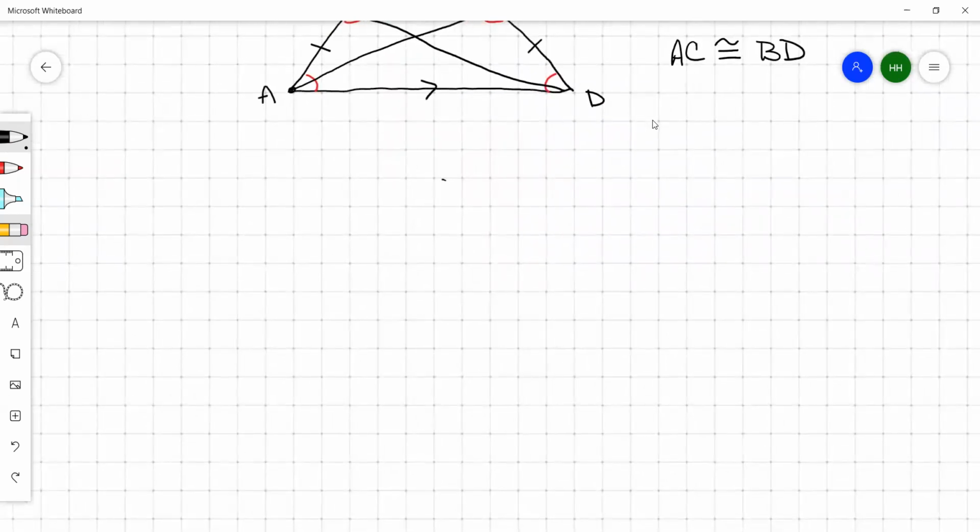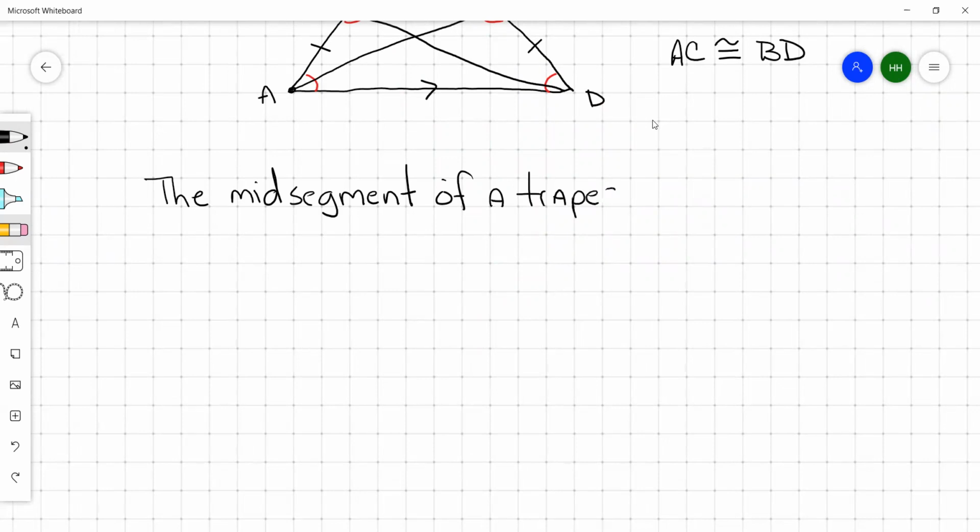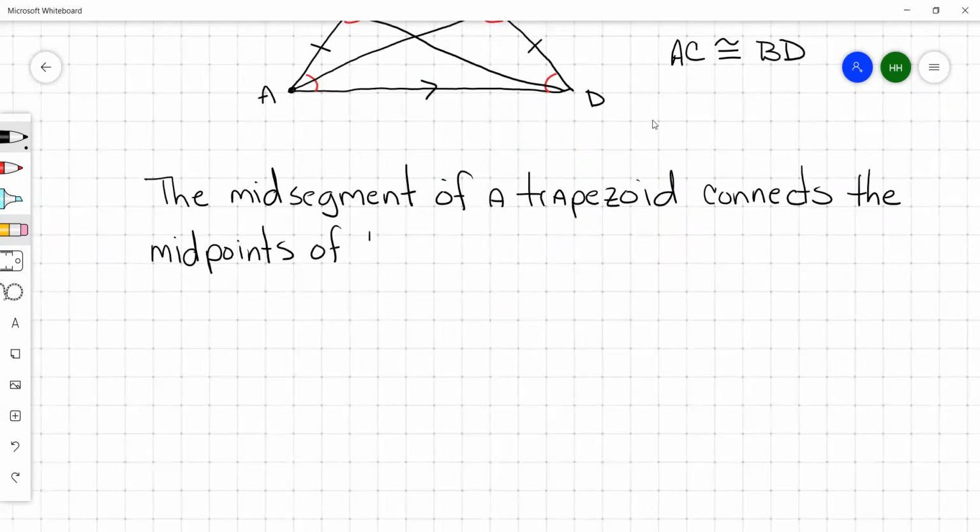Mid-segment of a trapezoid. The mid-segment of a trapezoid connects the midpoints of the legs.